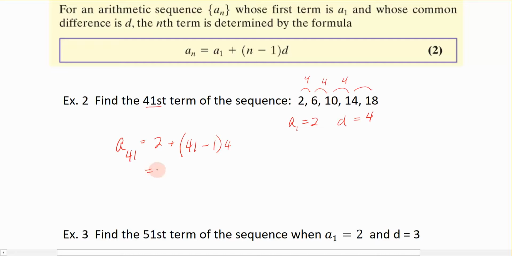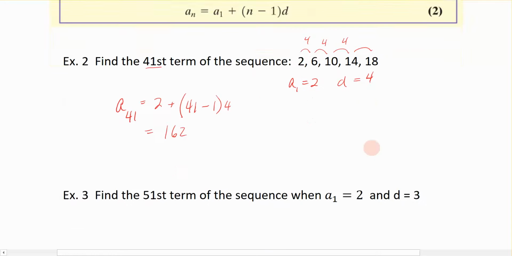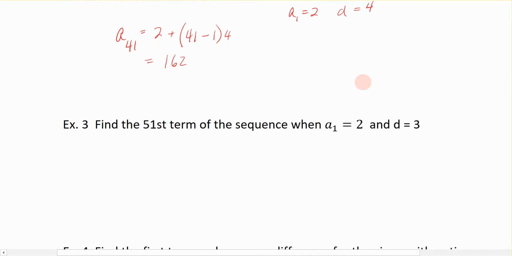When I simplify that, that becomes 2 plus 40 times 4, or just 162. So we can find the 41st term in this sequence without having to expand the whole thing by using this formula, and we found that a sub 41 is equal to 162.